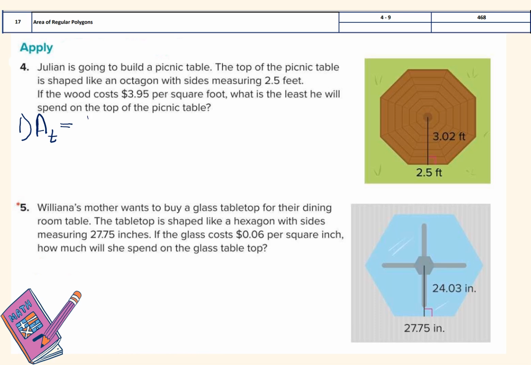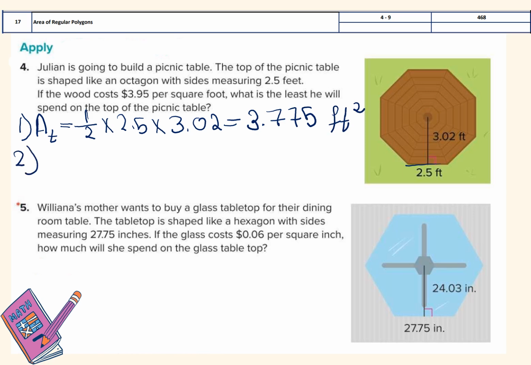So half times the base of the triangle, which is 2.5, times the height of the triangle, which is 3.02. The area is going to be 3.775 square feet, of course.